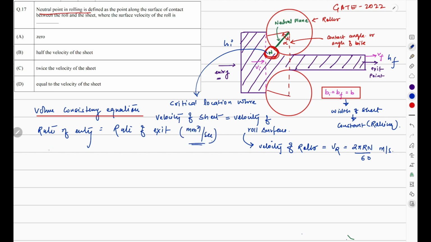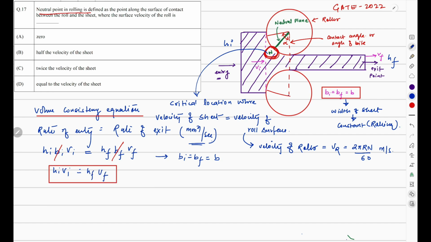So we can write initial volume entry, that is Hi into width Bi into initial velocity Vi, equals Hf into width Bf into final velocity Vf. As for the rolling case, we know that width remains constant, so Bi equals Bf equals B. So both will get cancelled and we can write Hi into Vi equals Hf into Vf.